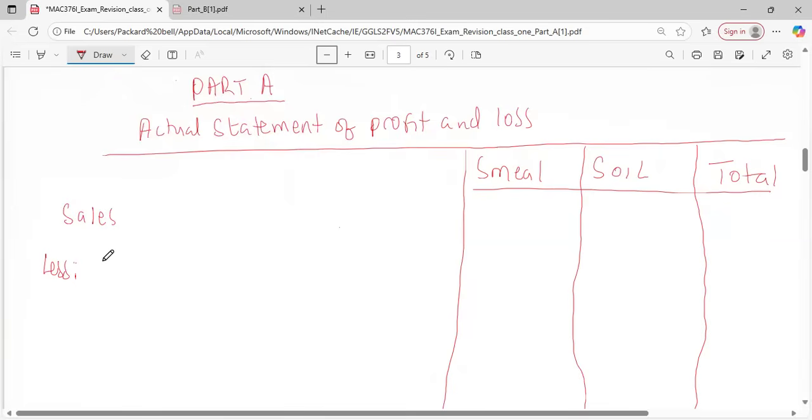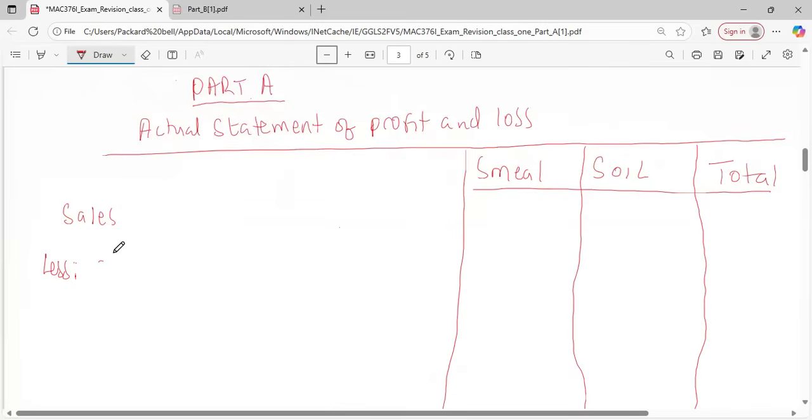Is it a variable cost or manufacturing cost of sales? I'm not sure. Okay, you can less here. So here we are going to less a few things.